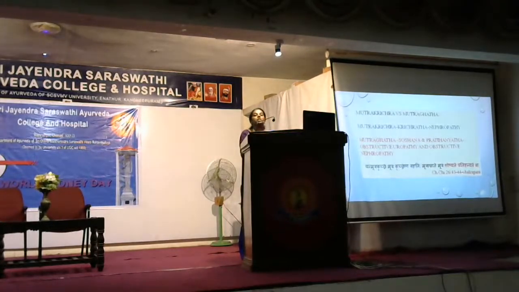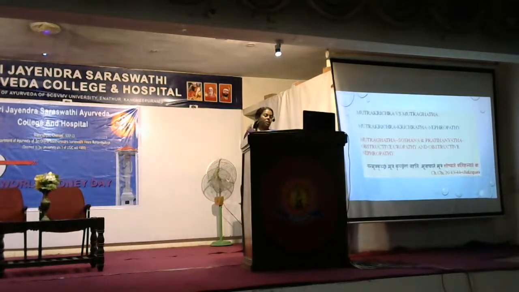Then Mutrakrichra versus Mutraghata. In Mutrakrichra, Mutram Krichrena Vahati. Mutrakrichra we can correlate to the nephropathic conditions, and Mutraghata is Mutrasya Shoshana and Pradihanila. So it is a clear-cut indication for the Ayurvedic aspect of obstructive uropathy and nephropathy.